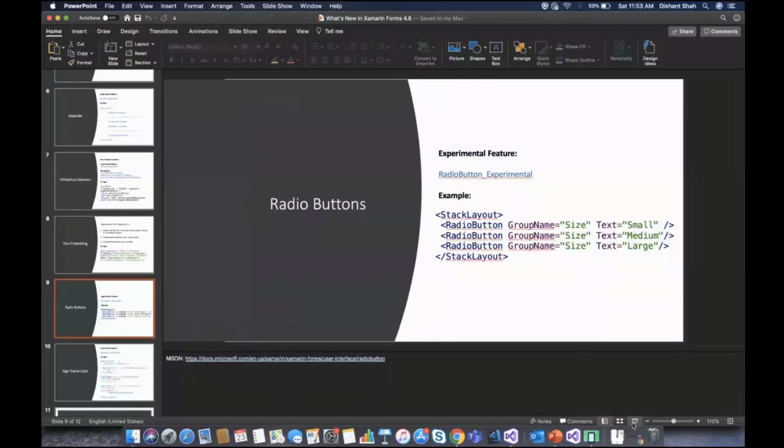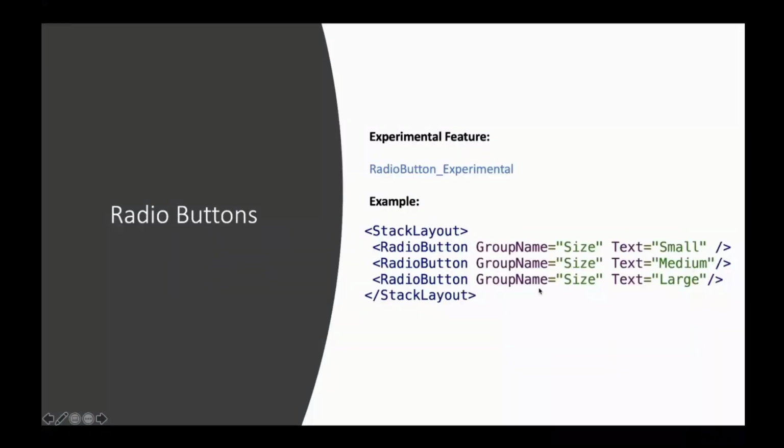So the next feature is this radio button feature, again an experimental feature. As you might have been using in traditional applications, the radio button is the most awaited control which we were requesting. Now this is available as part of Xamarin Forms 4.6. It's a very straightforward control. It's just a radio button, and with that you can set your text and the group name.